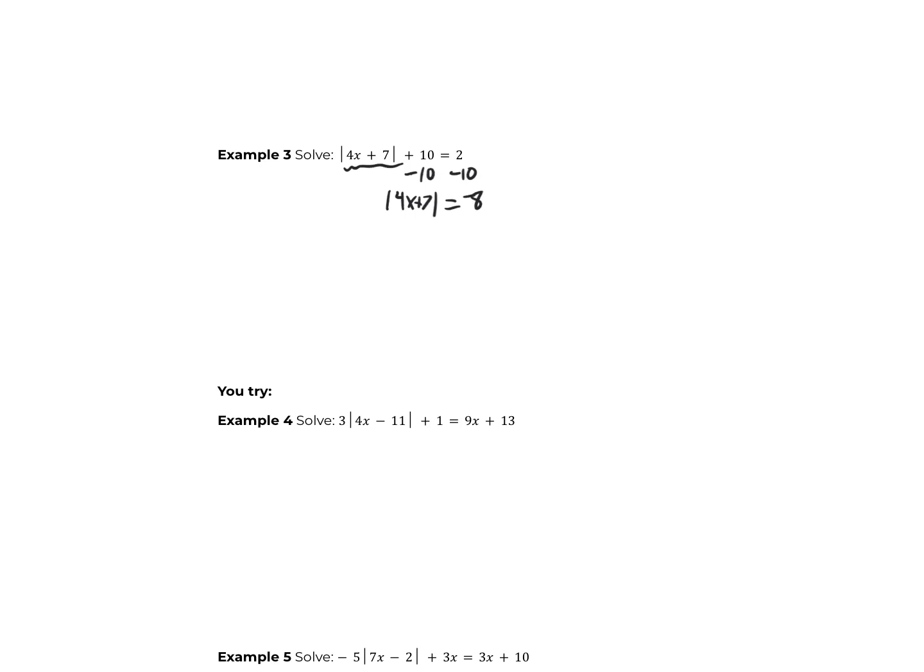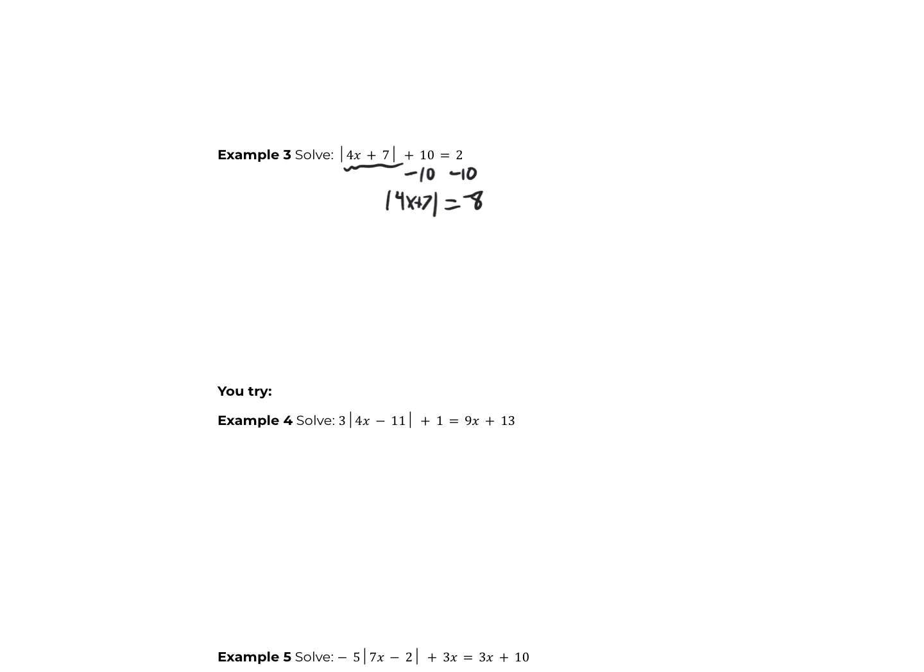Now, we need to hold on a second because I just told you that the absolute value is always positive. So how can the absolute value of something be equal to a negative number? Well, it can't. Absolute value is always positive. So anytime you end up in a situation like this, where you've isolated the absolute value and you've set it equal to the other side and the other side is negative, we can throw that out.